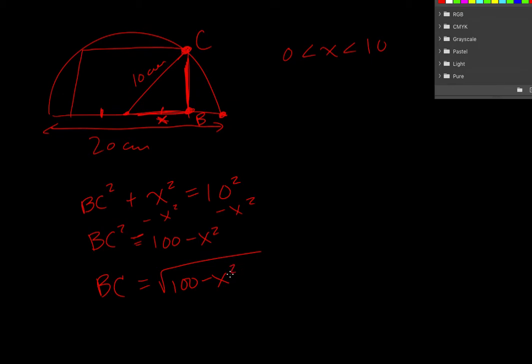Okay. Now, if we find the area of the rectangle, it's just length times width. So the length of our rectangle is going to be 2x, and then the width is just going to be BC. Okay.